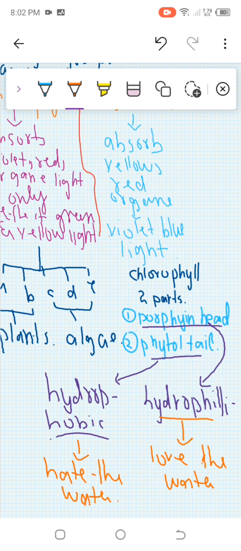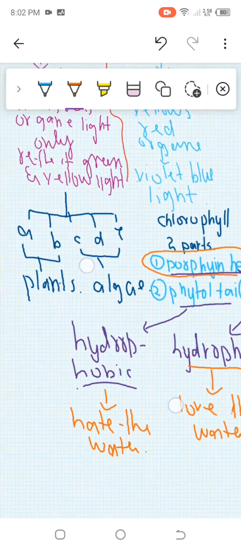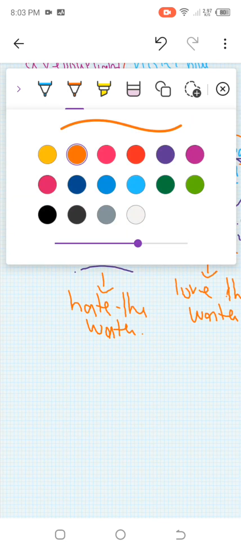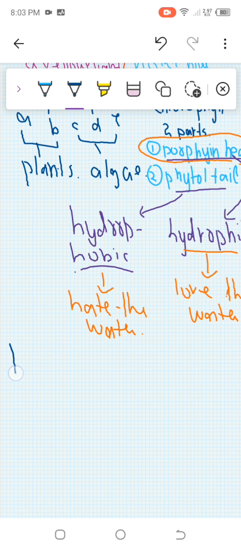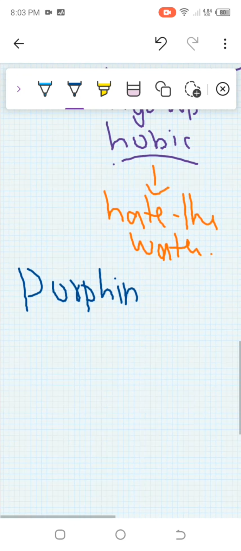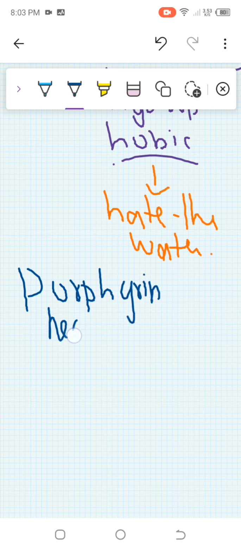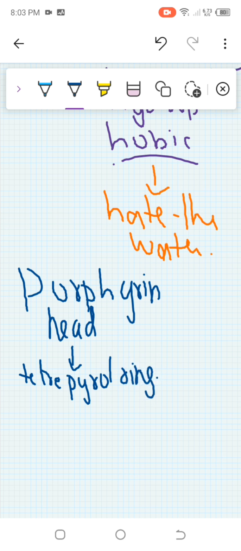Fine. Now this porphyrin head is basically composed of a tetrapyrrole ring. Let me write here. This porphyrin head is basically composed of a tetrapyrrole ring.